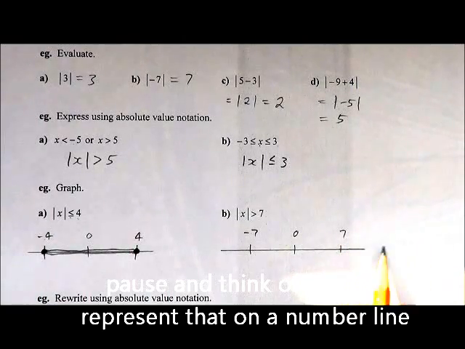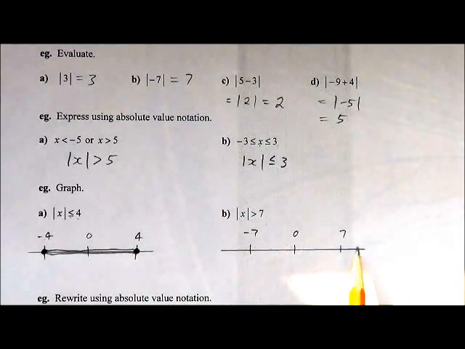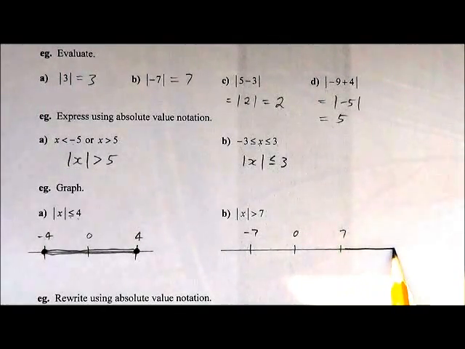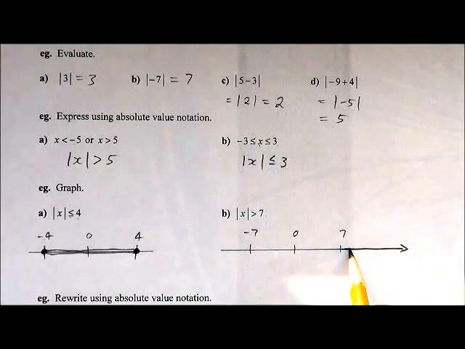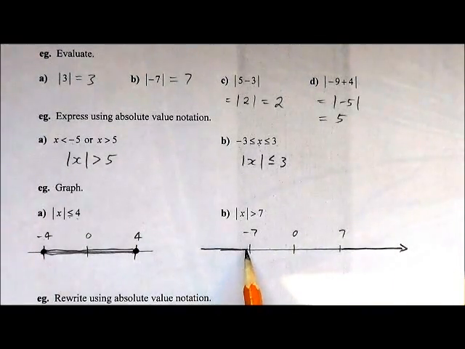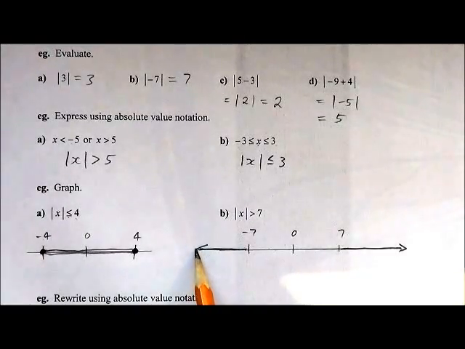We know it's going to be greater than 7, so anything larger than 7, 7.25, 7 1/3, 8, 9, 100, whatever it may be. So we know what's going on in this direction. And so that means if it's greater than 7 units away from the origin, then it's going to be going in the opposite direction, also in the negative direction.